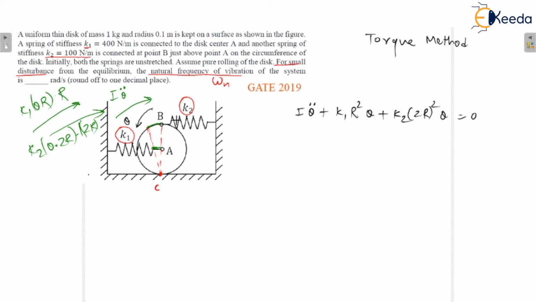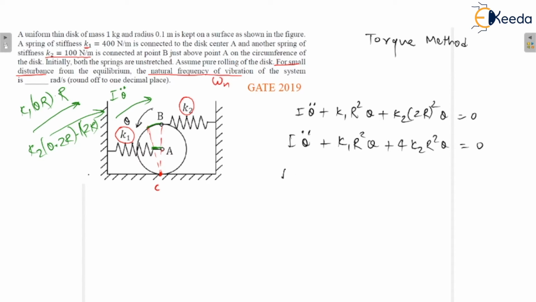Because these two springs have different stiffness, we cannot add them together. So rearranging, you will get I theta double dot plus K1 r square theta plus 4 K2 r square theta equal to 0, because when you remove the square you get 4.